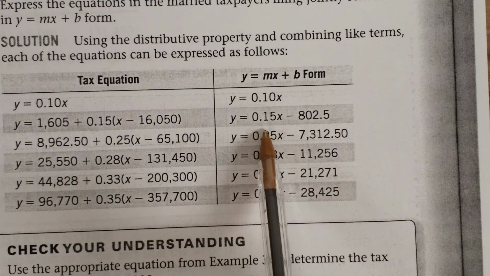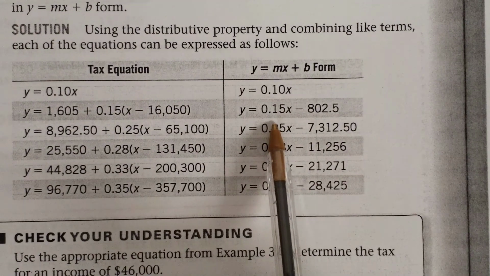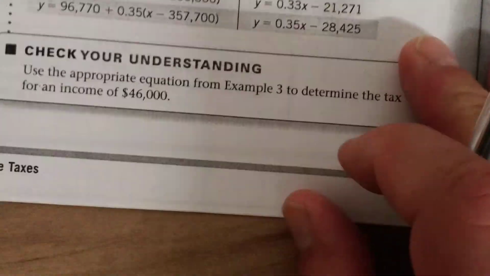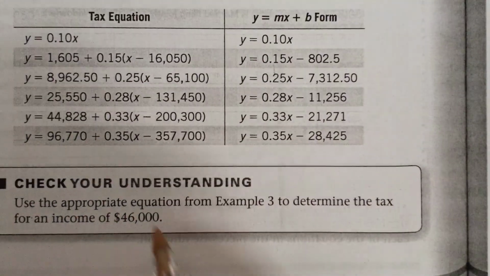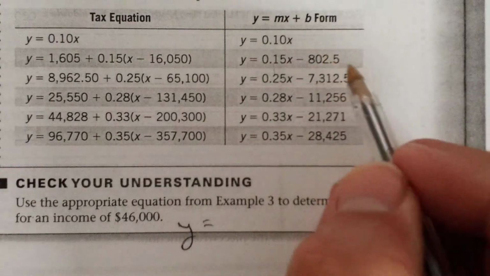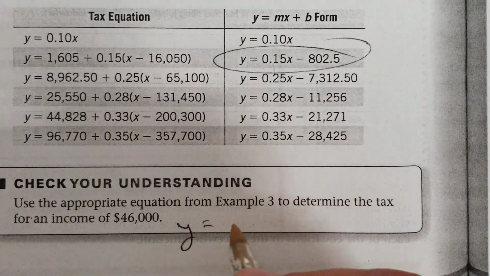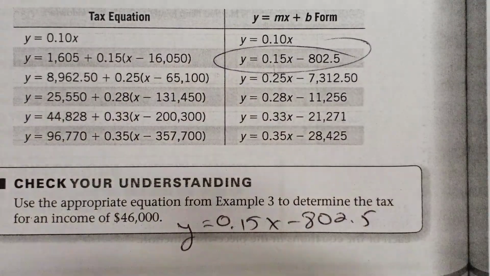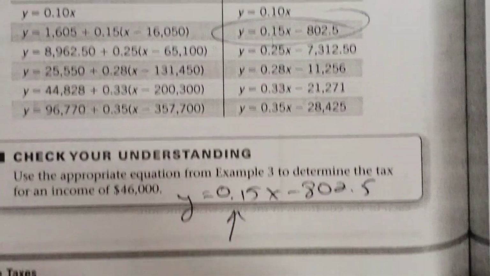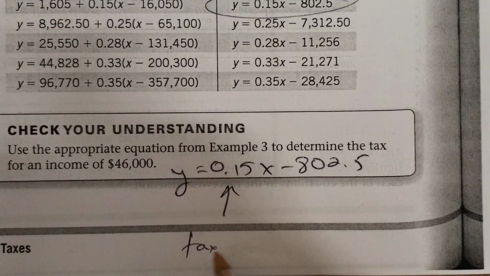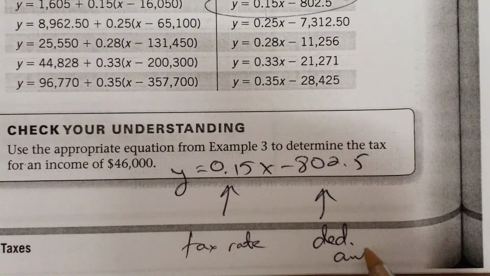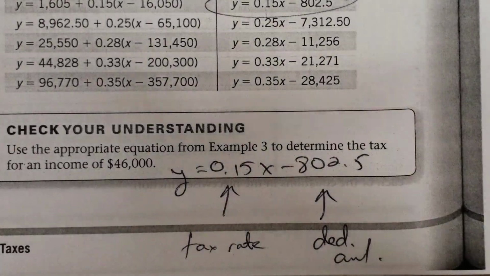So y equals 0.15x minus 802.5. So that's the equation we would use based on that income. y equals 0.15x minus 802.5. This would be the tax rate, and this is the deduction amount. Slope-intercept form.